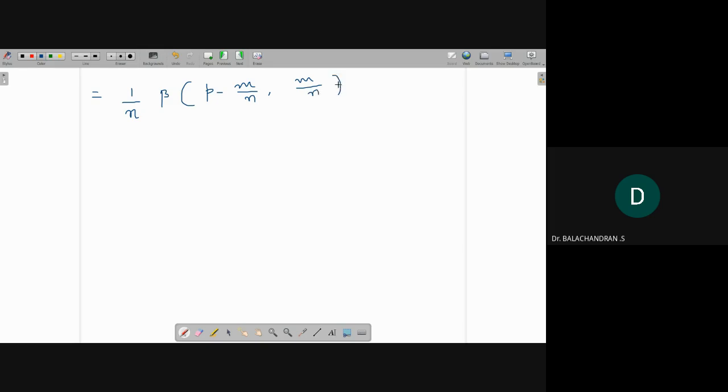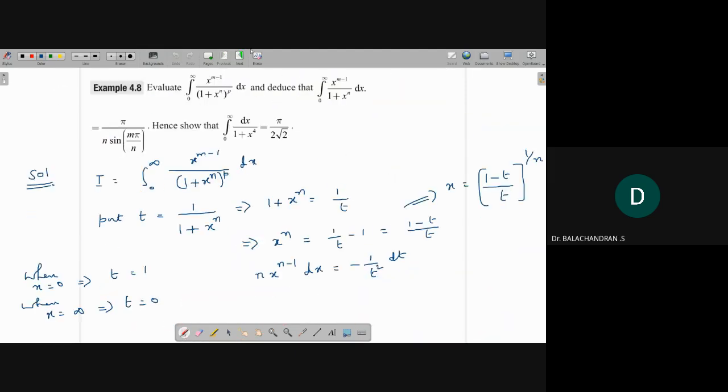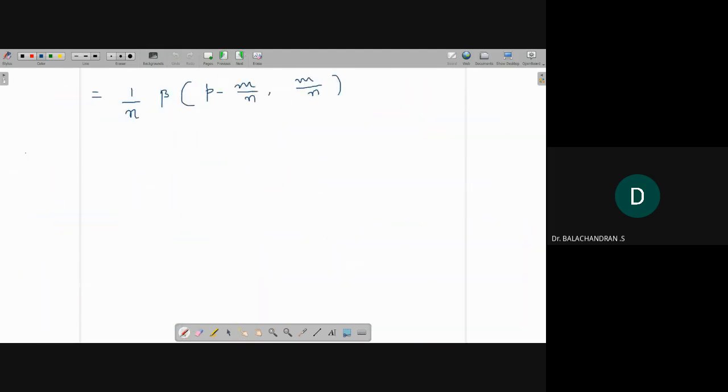So now what is the left hand side? Actually, what is I? I is equal to integral 0 to infinity x power m minus 1 divided by 1 plus x power n whole power p into dx. So this is equal to 1 by n.